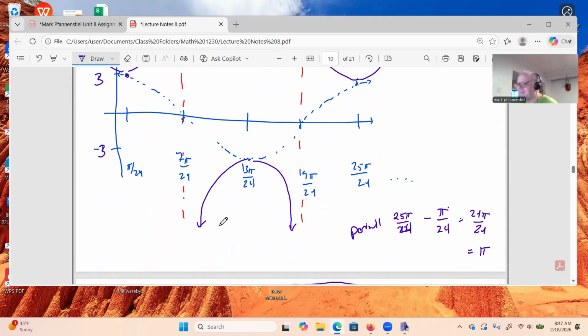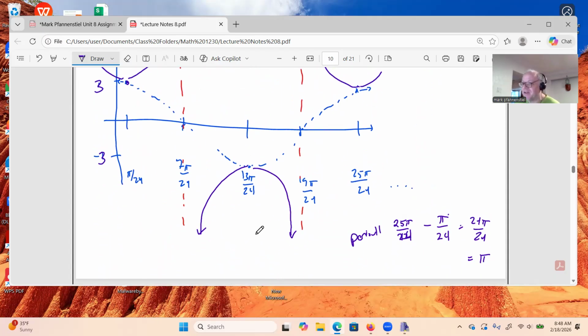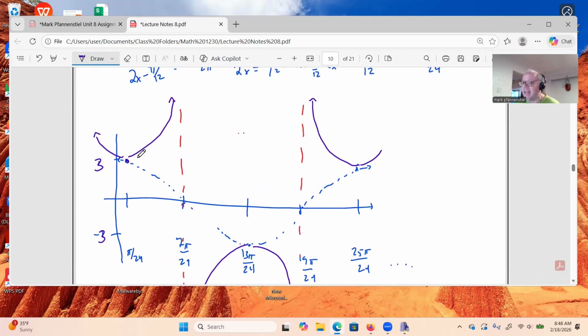But when we're trying to graph it on paper, the reason we're going to be graphing it on paper is because when you get to calculus, they're going to say, hey, we would like the area under the curve for this secant between, say, 0 and pi over 3.